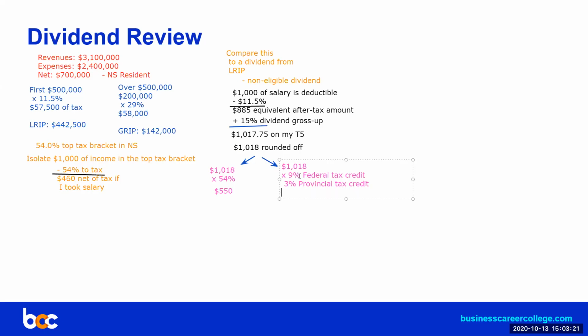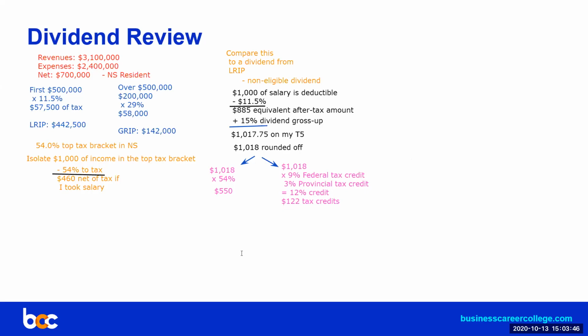And those are just what the numbers are. So that's a 12% credit in total. Okay. So I have $1,018 times 12%. That gives me $122 of tax credits.